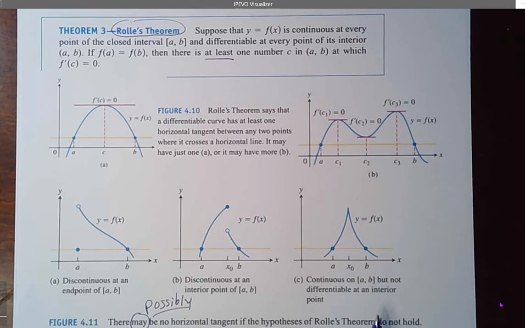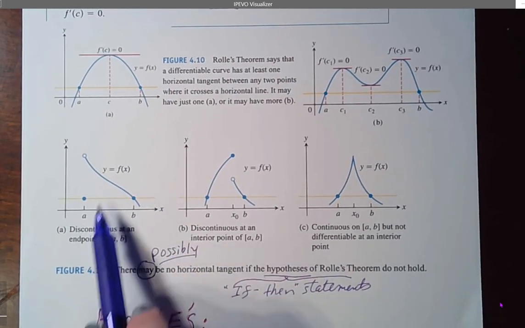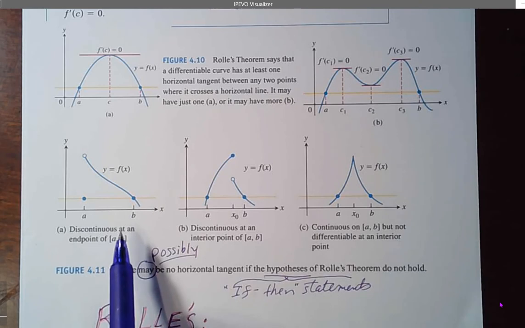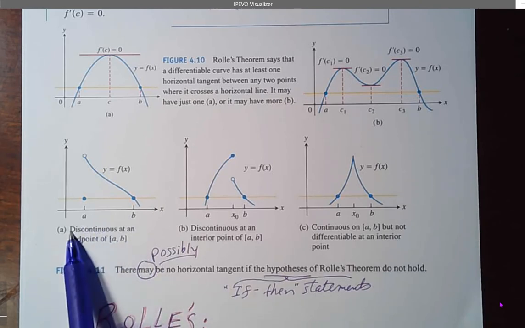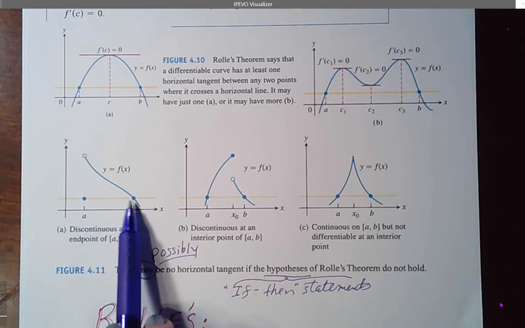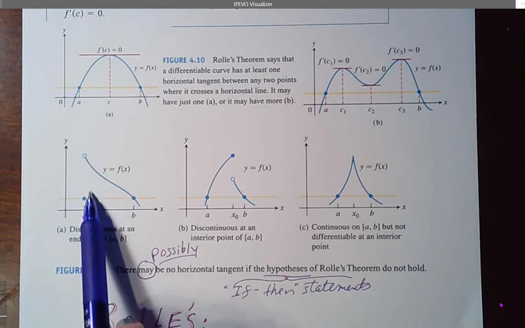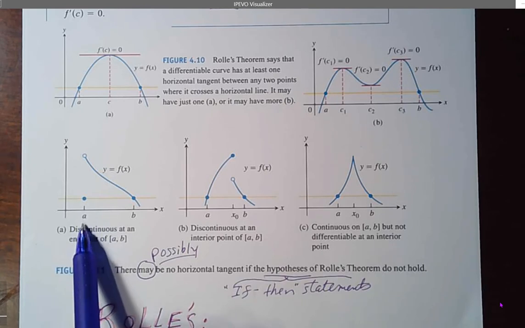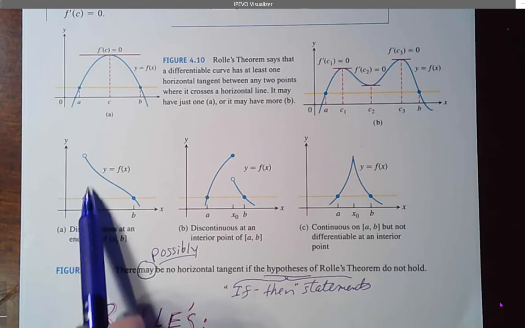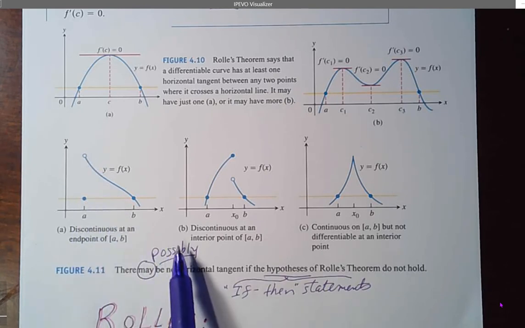Now clearly if it's not continuous and differentiable, then it may not have one. For example, here's the next one. Here's a to b. Well, it is not continuous here because at a itself, it's not continuous. And same thing here.